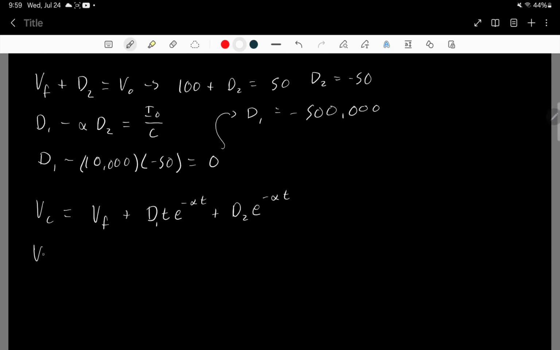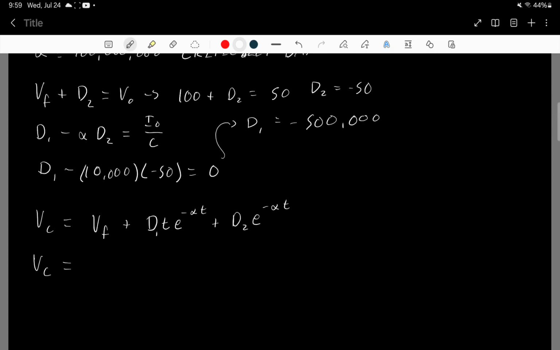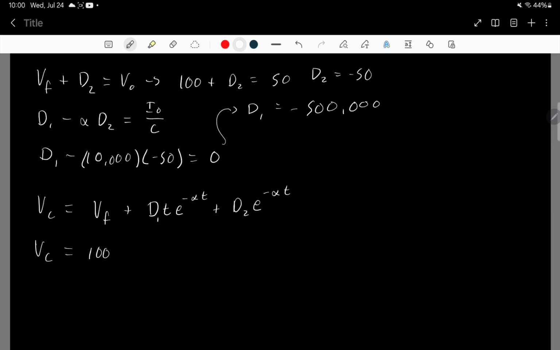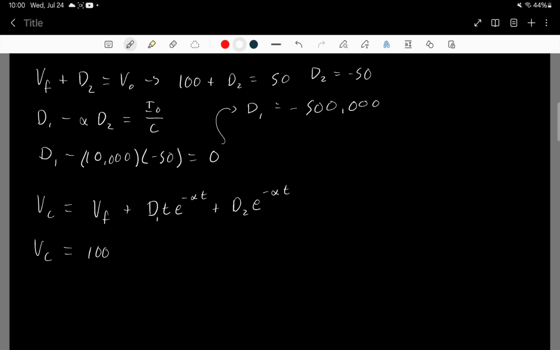So let's go ahead and build out our solution here. VC is equal to, what did we say? V final was 100 volts. And our D1 value is negative 500,000. So we've got negative 500,000 t e to the negative 10,000 t.